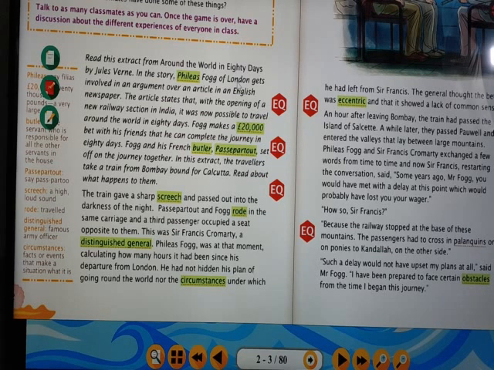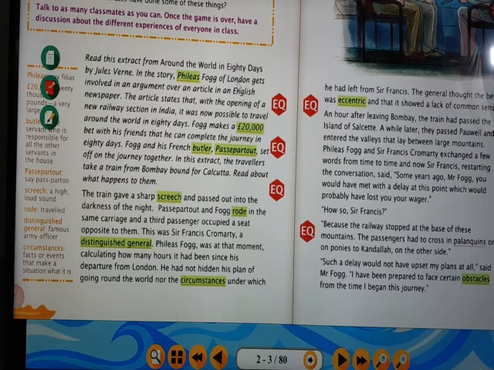Now, since they started their journey, they have passed through many places. They passed the island of Salsette and Powell, and they entered the valleys and mountains. They passed through the mountains, valleys and all. In between, Fogg and the general exchanged conversation.